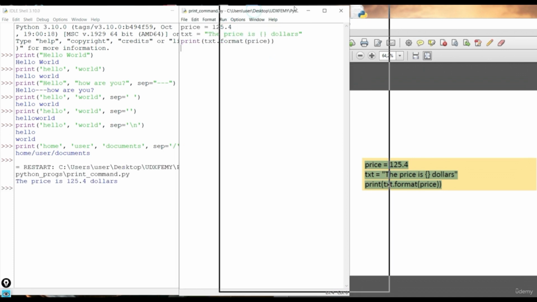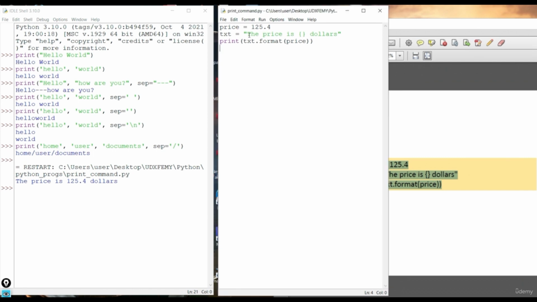So what do we see? The print statement prints the price is, and here for the place of the curly brace, the value here is printed, and the rest of the sentence comes.